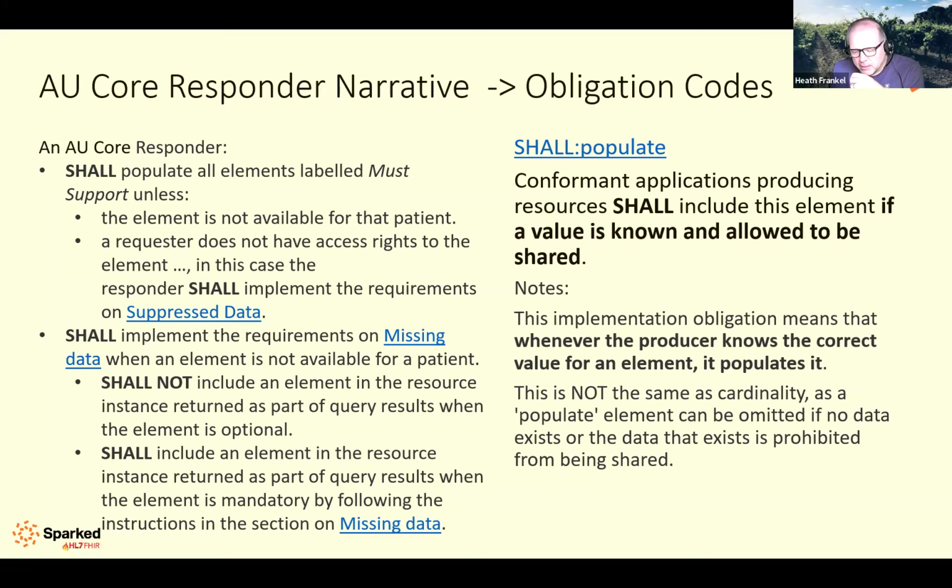And when e-requesting, for example, starts creating your application roles, such as filler and placer and whatever else you defined, these particular obligations do not apply to your application roles. These are the obligations of an AU Core responder role. And you get to basically go and redefine your obligations. But that's way beyond the scope of today's presentation.